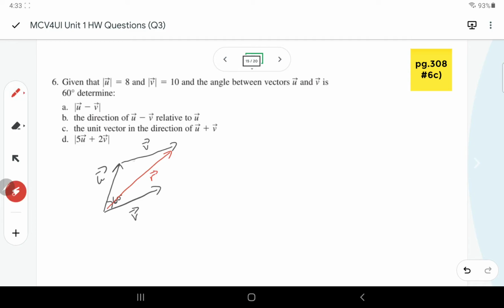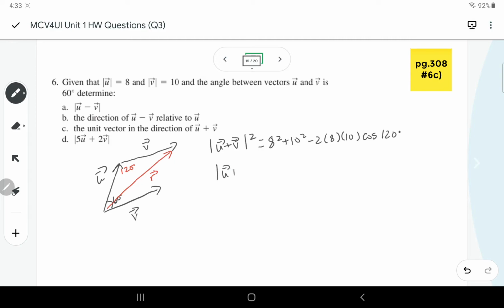Again, I need to use that C pattern just like in the first example here, and that would give me 120 degrees up there. So the resultant, which is u plus v, or r squared, is going to be 8 squared plus 10 squared minus 2 times 8 times 10 times cos of 120.